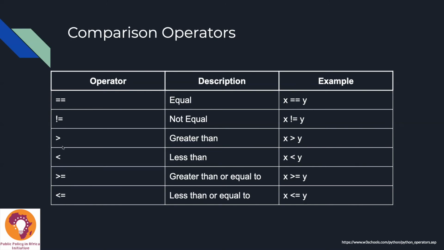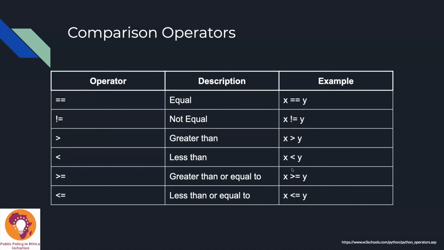So this operator here, the arrow operator opening to the right, is the greater than operator. So is x greater than y is basically the question we're asking here. We're trying to determine if x is greater than y. This is the less than operator, the arrow opening to the left, like a mouth opening to the left.